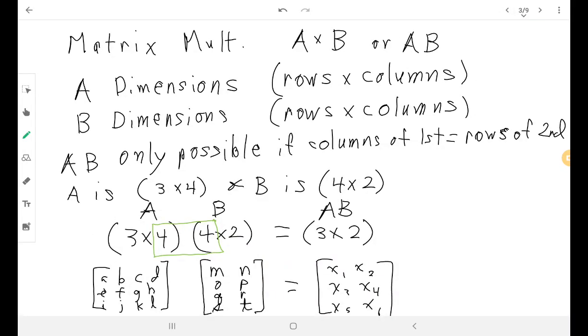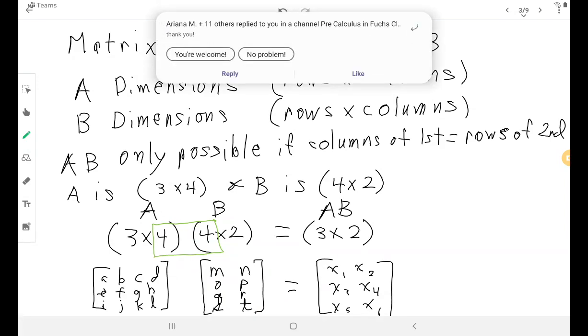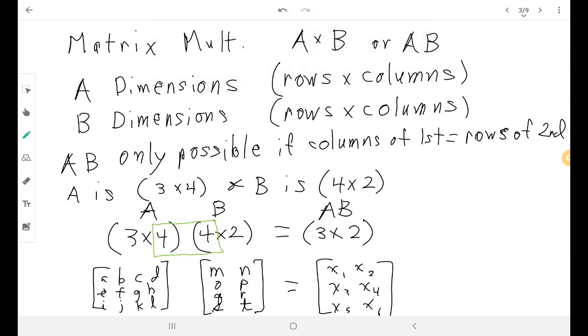So let's review the rules. I'll go back to this so that you can look at it again. The rules are the inner numbers have to be the same, and the resulting numbers will give you the new dimensions for the new matrix.